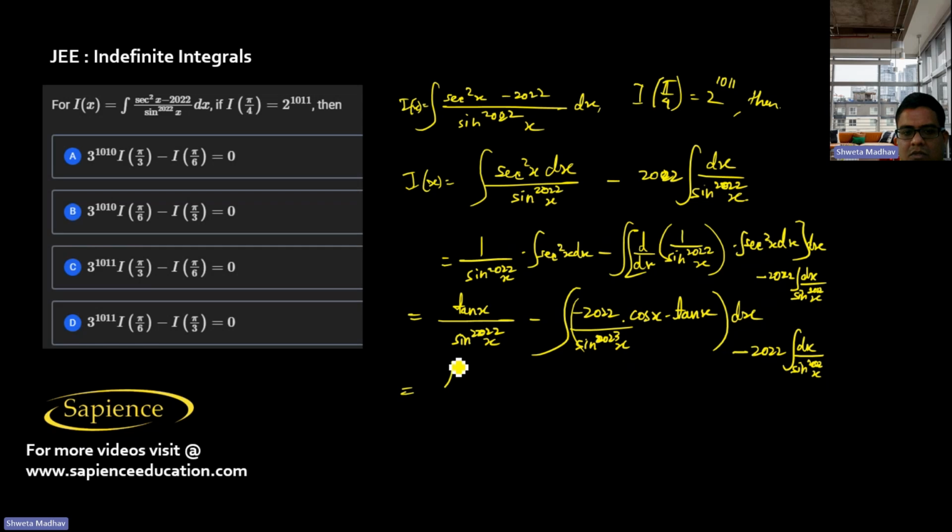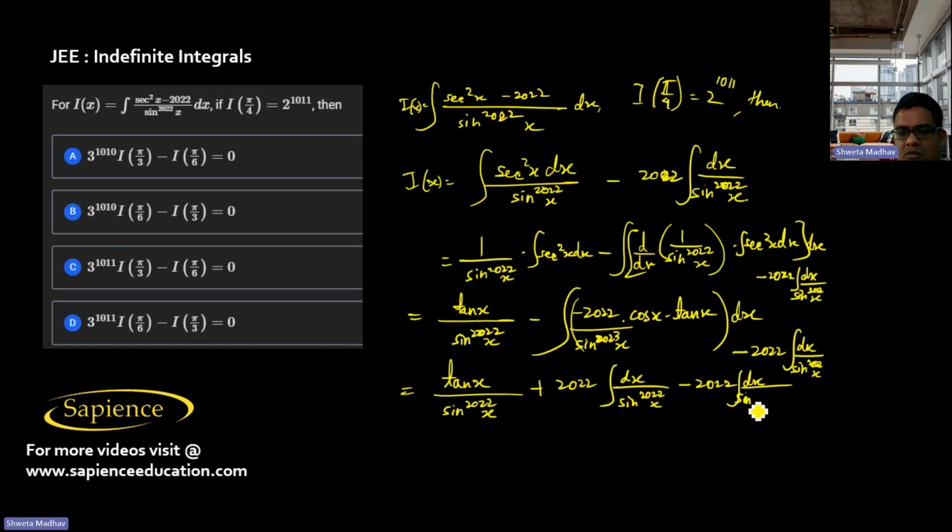So this is equal to tan x by sine power 2022 x, then plus 2022 integral, so this will be cos x into tan x is sin x, so dx by sine power 2022 x, then minus 2022 integral dx by sine power 2022 x. So these two will get cancelled, and plus c also we have to add.